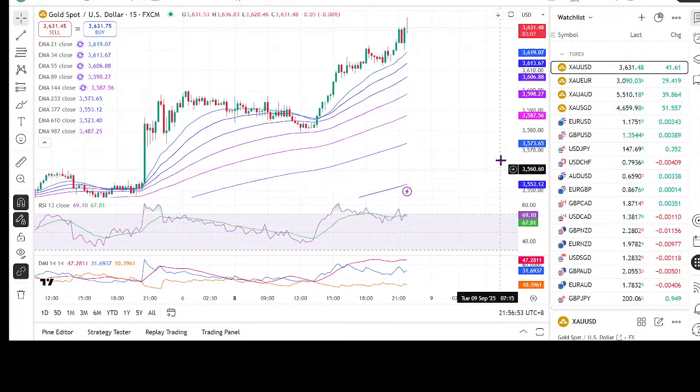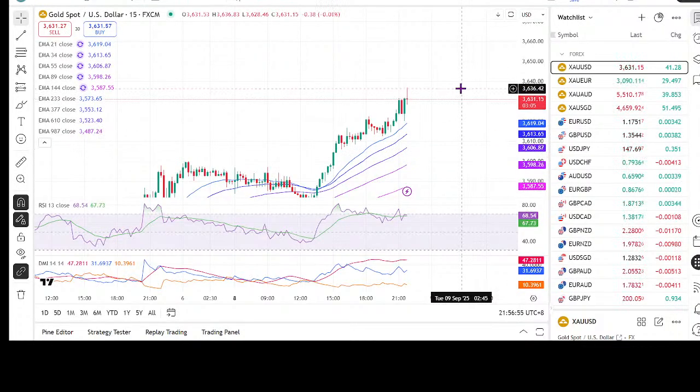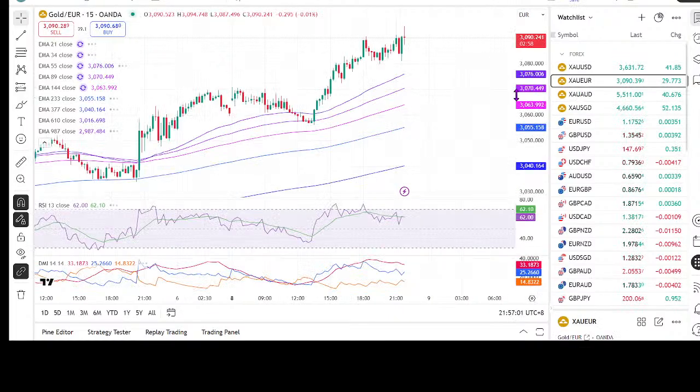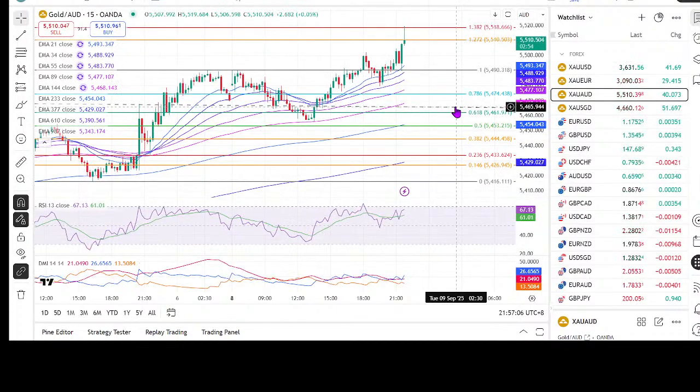That's it. So now it looks like we may have seen the high at our projected level. Then euro also is a failure. Aussie also is turning at the level.